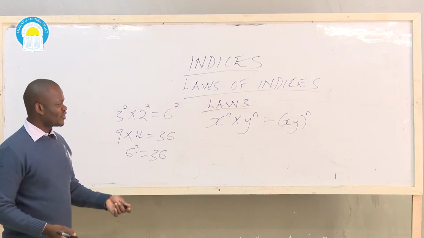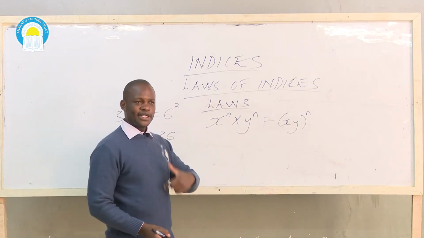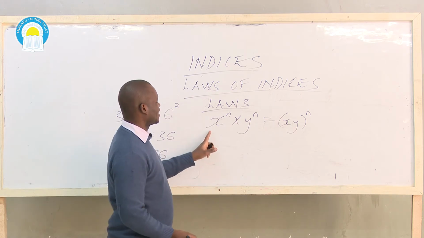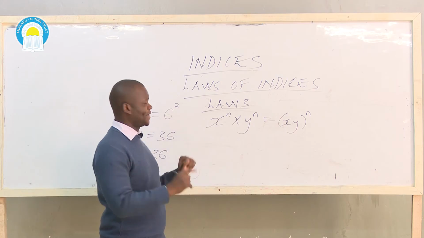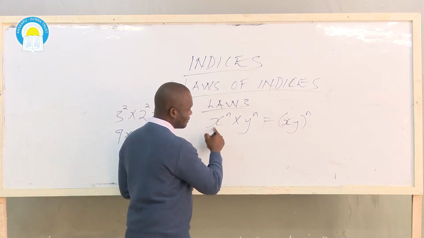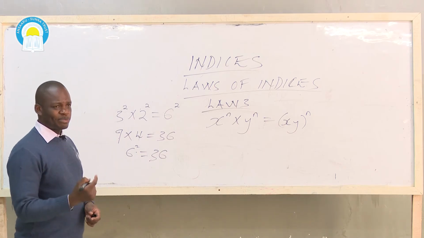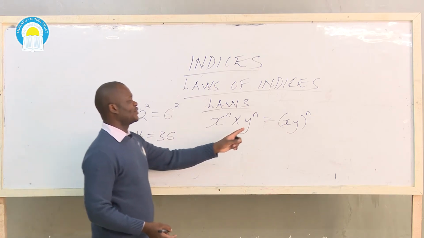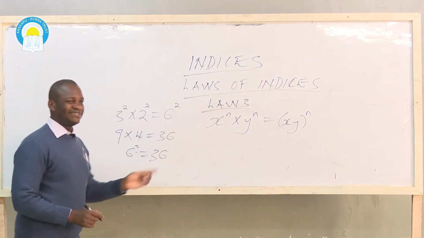So whenever you multiply numbers to a similar power, you can take the bases, multiply them, and then whatever product you get should assume that similar power which exists.